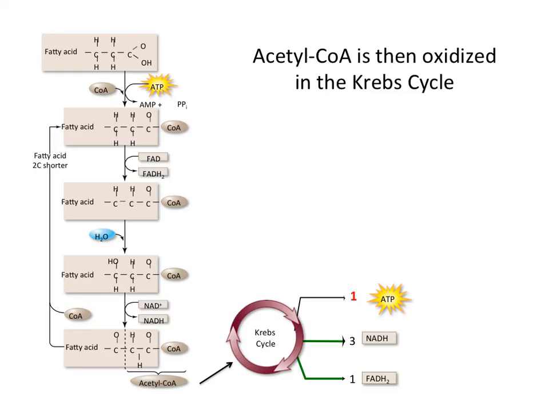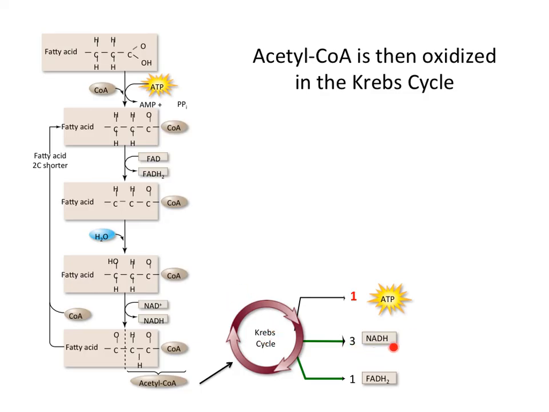So one big difference between fatty acids and why they can produce so much ATP is because every carbon in the fatty acid goes into Krebs cycle. If you remember from glucose, a 6-carbon glucose molecule, only 4 of the carbons go into Krebs cycle. So a 6-carbon glucose molecule runs the Krebs cycle twice. On the other hand, a 6-carbon fatty acid will produce 3 molecules of acetyl-CoA so that it will run the Krebs cycle 3 times.